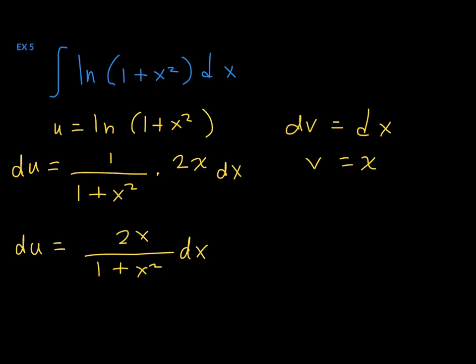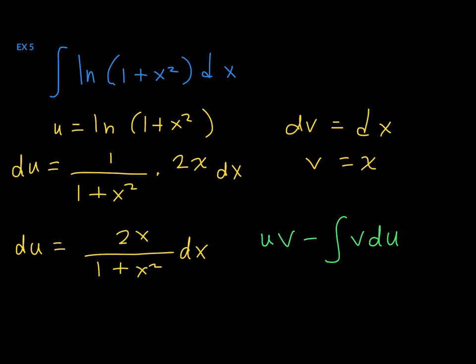So let's now rewrite our integral by parts. Remember that it is uv minus the integral of v du. So I'm going to use that pattern here to write down my new integral.